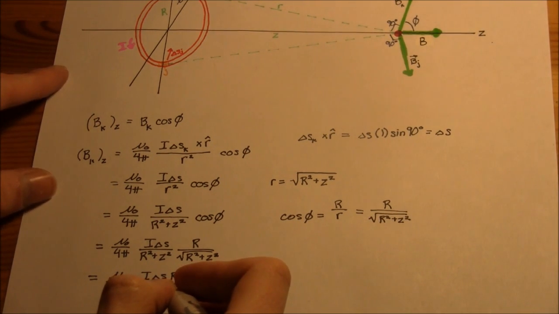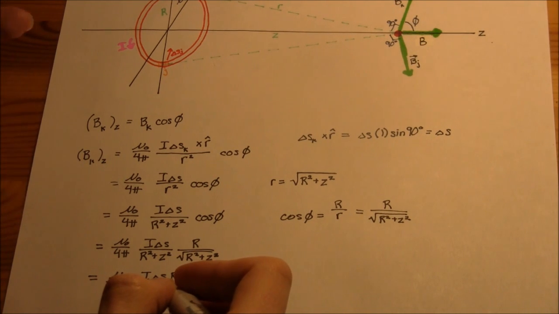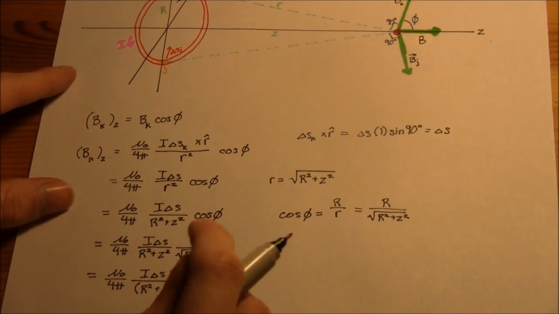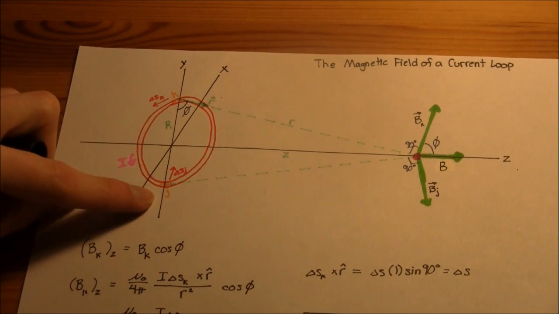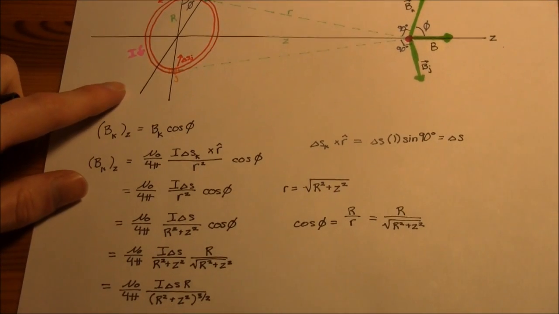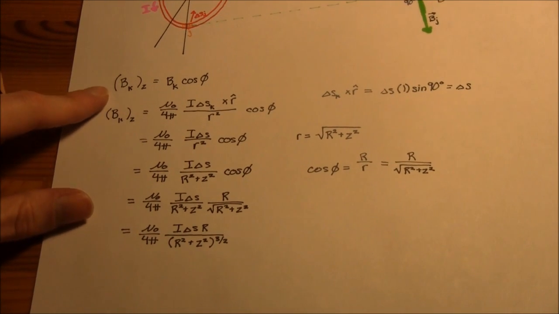Now, in order to evaluate the magnetic field for the entire loop, since this is only the portion from K and J, we need to integrate this answer.